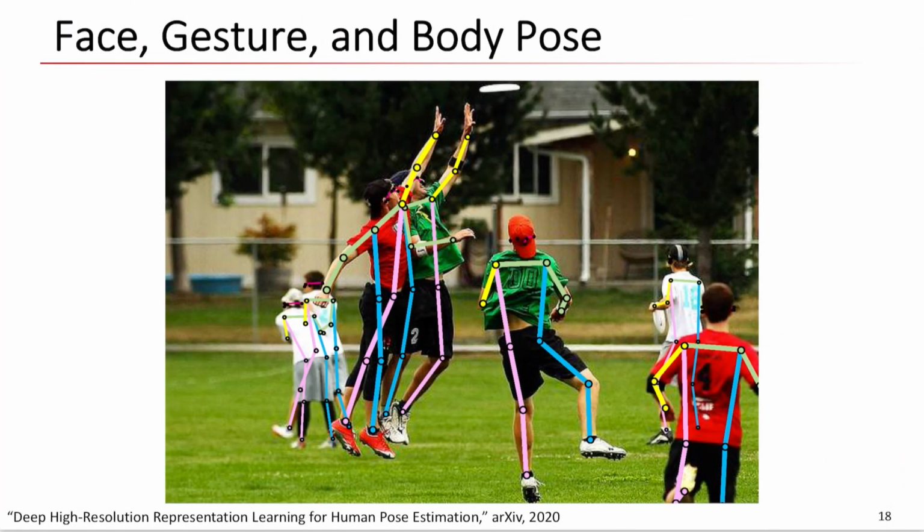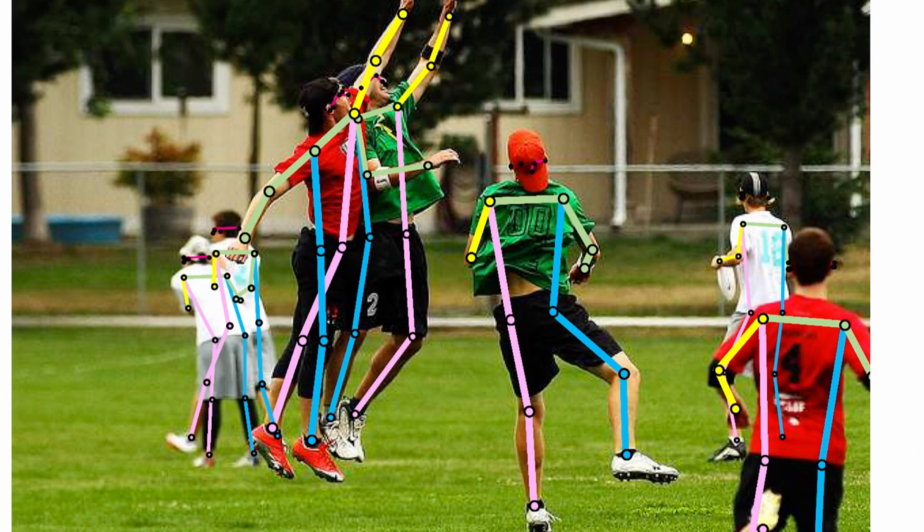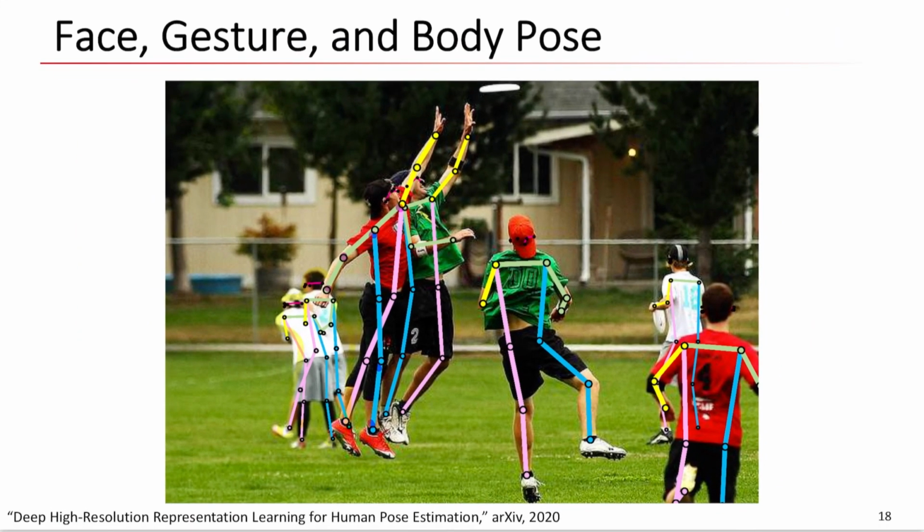And as you can see here, if we have an image like this, a human image, then we want to find out the skeleton for each human pose, something like this, right? By using this pose information, we can understand the human behavior.